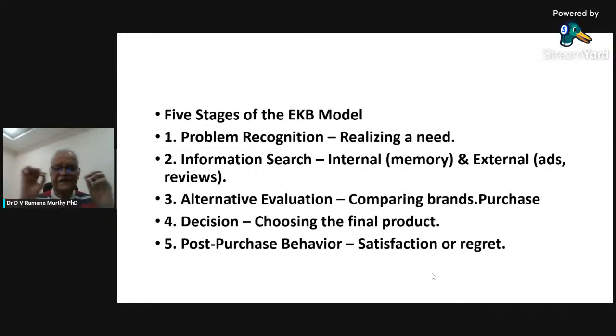You thought of buying X model of the car, BMW. There are Y and Z models that arrive. So at the point of purchase, when you converse with the salespeople there, you may change your mind. That's why we say choosing a final product there. At that point of purchase, also called POP, point of purchase.